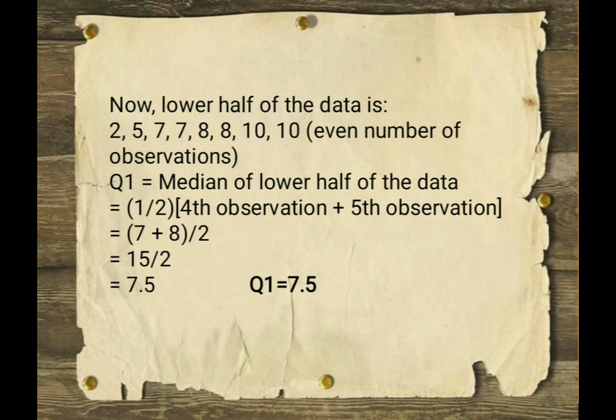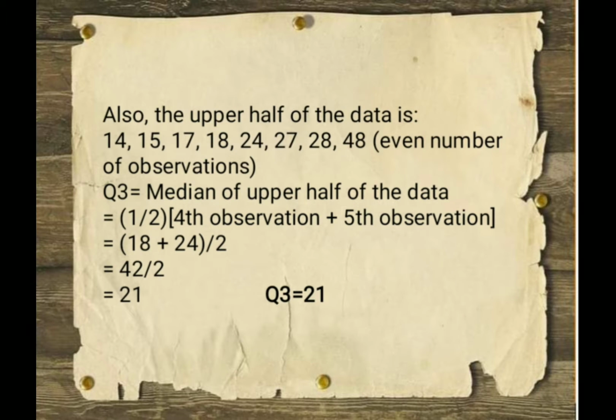The lower half of the data is 2, 5, 7, 7, 8, 8, 10, 10. It is an even number of observations. If we just follow the steps in our formula, we find the value of our Q1. So, Q1 is equal to 7.5.